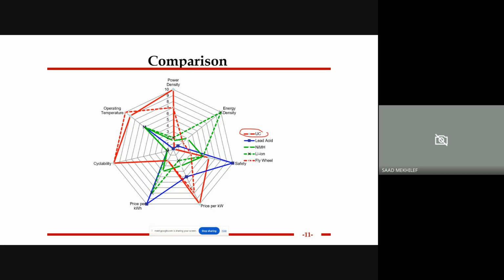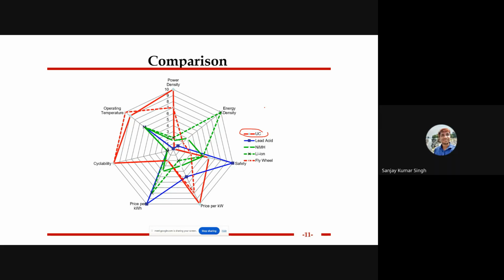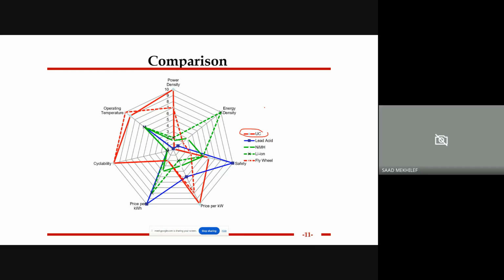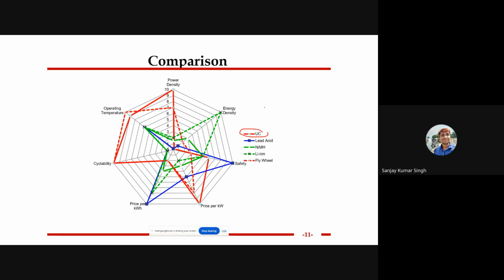They have a very good power density, but very low energy density. What does that mean? Energy is power times time, right? You agree? Okay. Power times time is energy. So what does this mean?